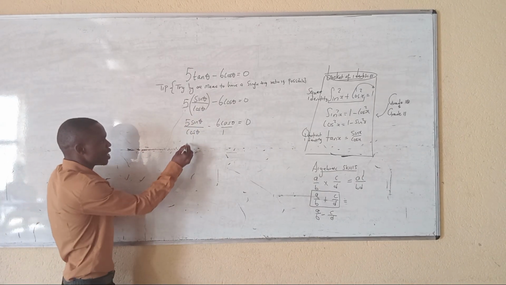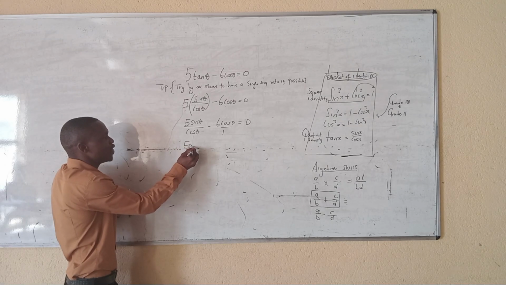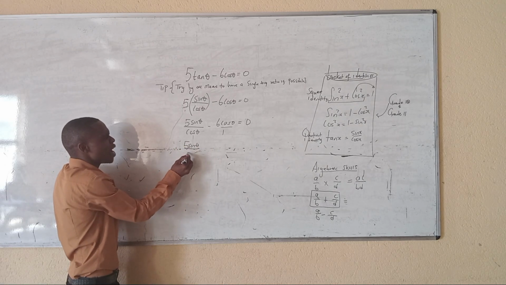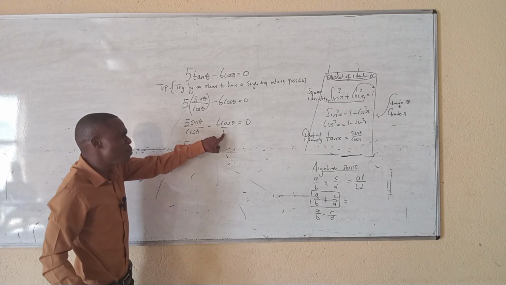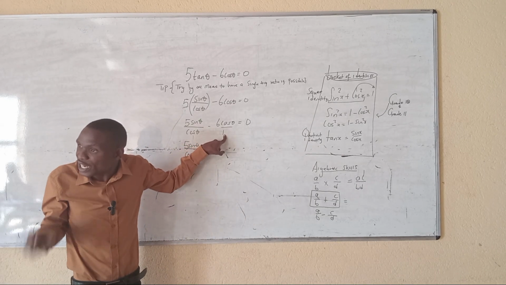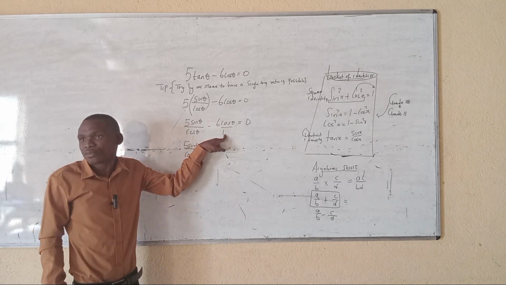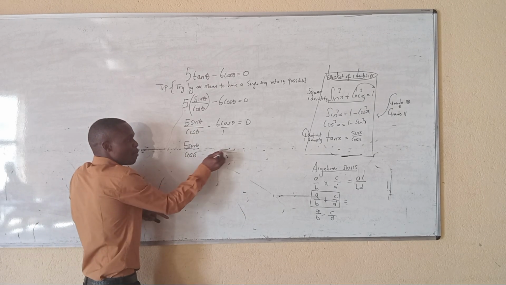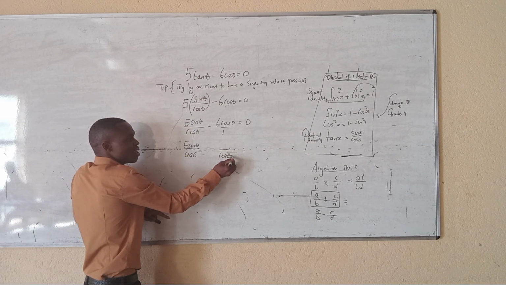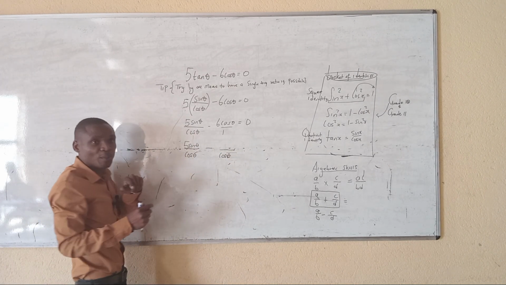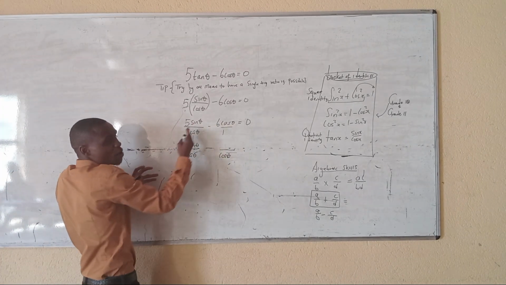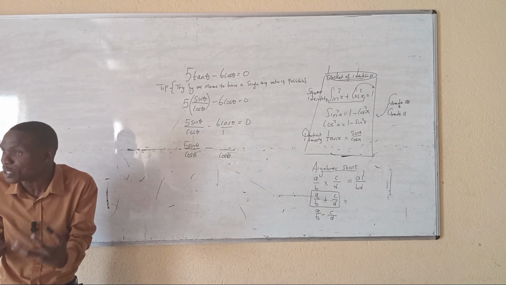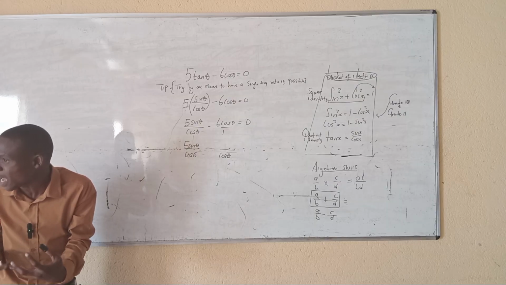So I'm going to say 5 sine theta over cos theta minus, I'm going to multiply this one underneath by cos theta, so that my fractions have the same denominator. Do you see the goal? Because I want to subtract these two, I can only subtract if the denominator is the same.